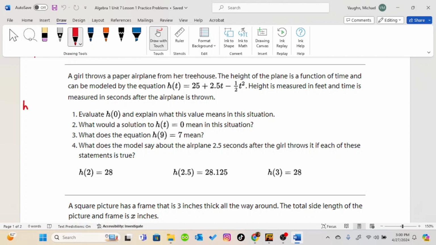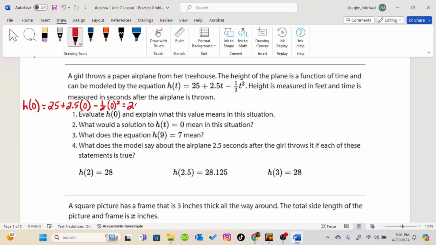So if we have h of 0, then 0 is our input, and that is what we are going to substitute in anywhere we see a t. So we have 25 plus 2.5 times 0 instead of t minus 1/2 times 0 instead of t squared.